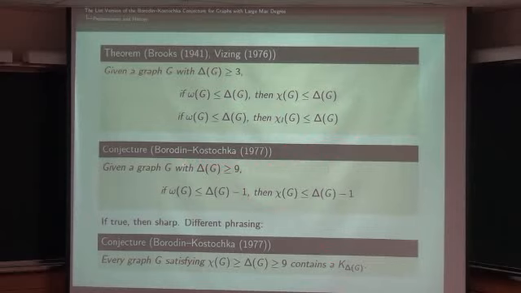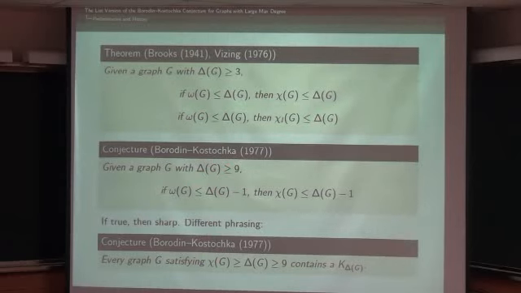So they gave a conjecture that, well, if you give me some graph with sufficiently large delta, then when you forbid these two big cliques, can you reduce the number of colors required? And the number here is sharp because there exists a counterexample when delta is 8.